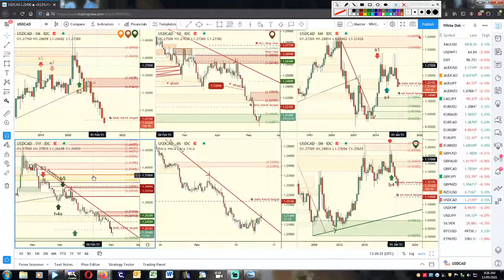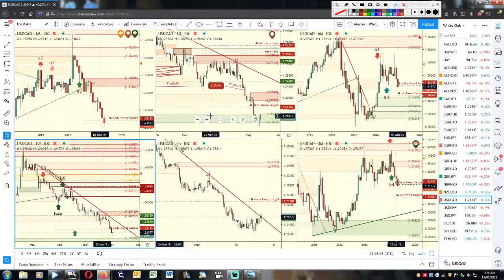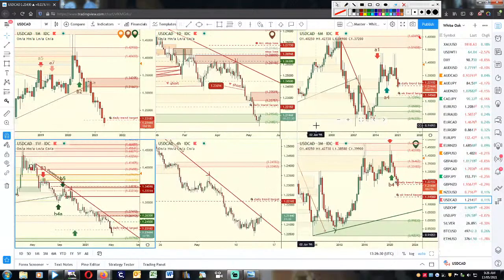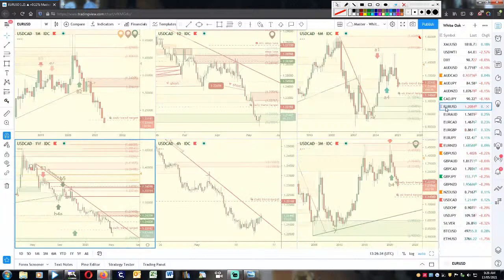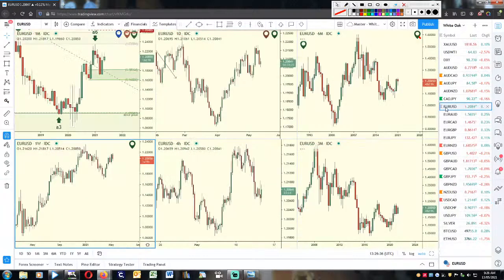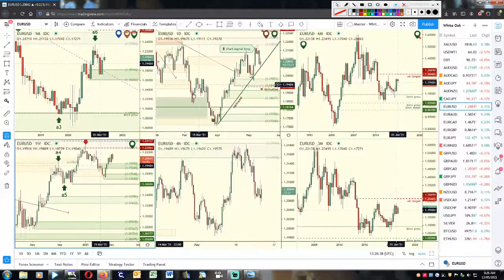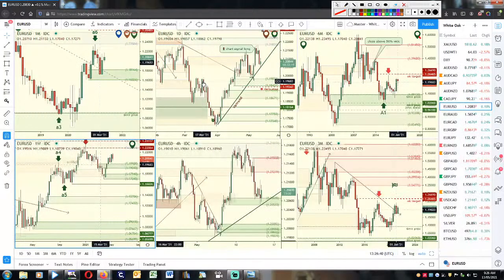So that means a strong Canadian dollar is what we're expecting, right? So when we were looking at euro, we saw ranging, pound ranging, Aussie ranging. The euro has more strength in it than the pound and the Aussie.